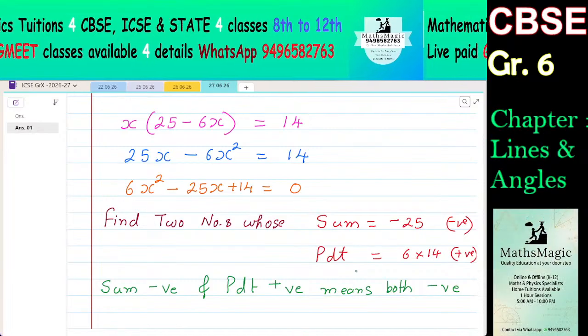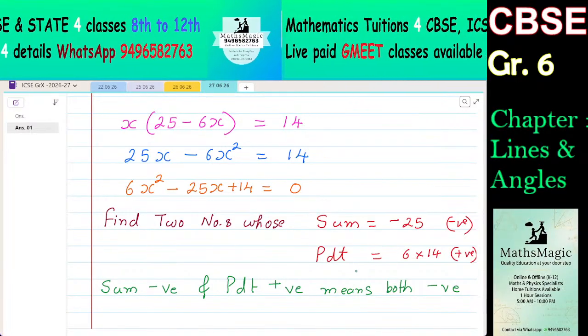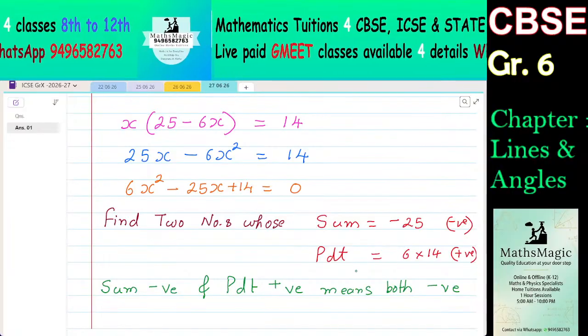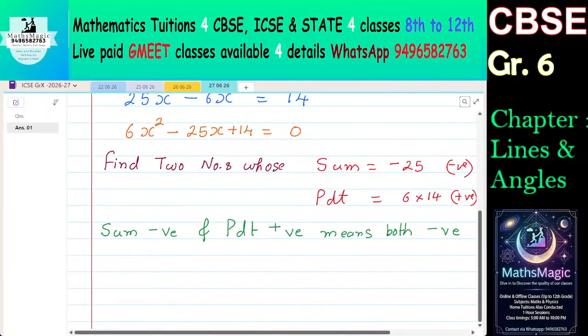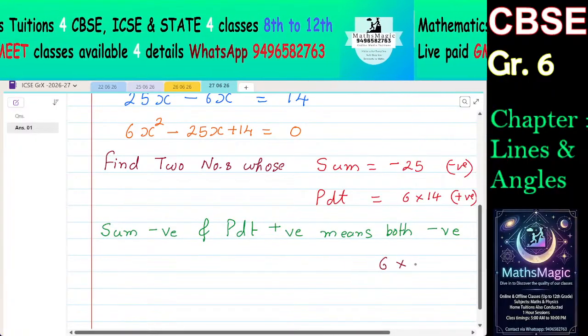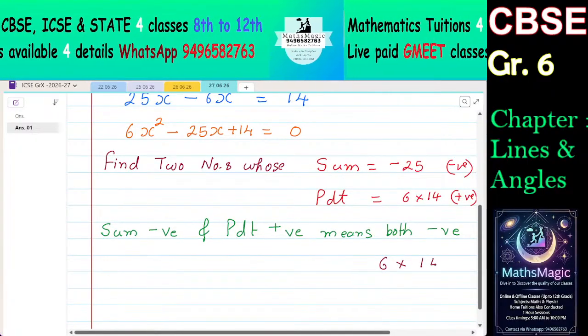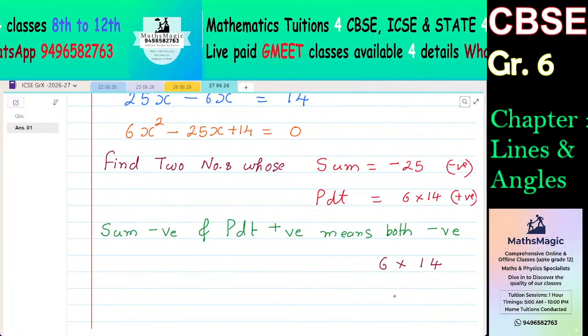Negative numbers add up to a negative number and their product will be positive. Now we need to find those two numbers. We will try to find it by factorizing 6 times 14.